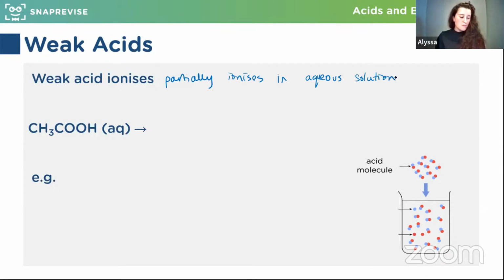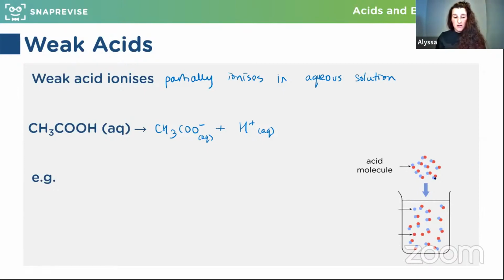So for example, you don't have to know what this acid is, but it's ethanoic acid. Ethanoic acid still dissociates into its negative ion and its positive ion, the H plus, but not every particle dissociates like that.